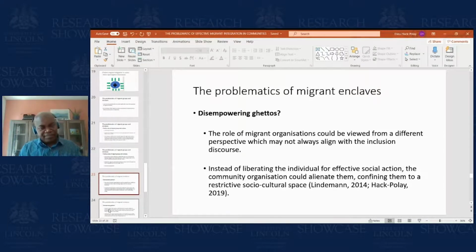And this dependency on the migrant organizations and on the migrant enclave maybe disempowers, if you want, the migrant. So they feel uncomfortable then going outside. The outside that persecutes them, that oppresses them, that denies them opportunities. So the only sanctuary they have is the ghettos or the enclaves.